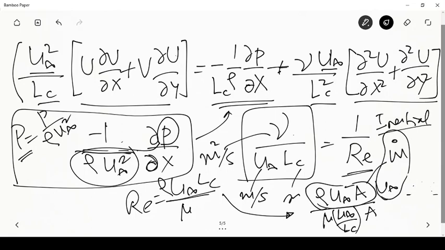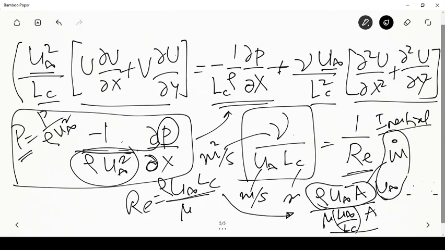This is an inertial force exerted by the free stream on the plate. If A is the area of the surface of the plate, then m dot u infinity into A is nothing but momentum transfer exerted by the free stream onto the plate. So in some sense it's the inertial force exerted on the plate.